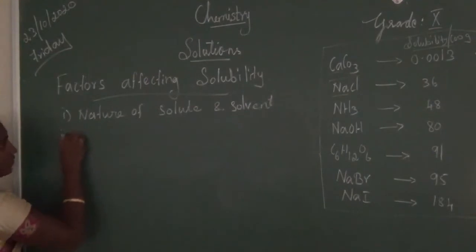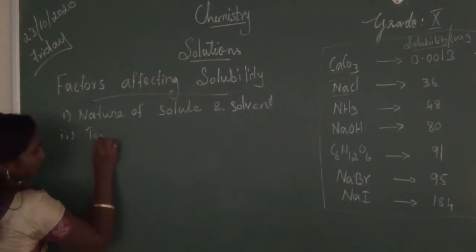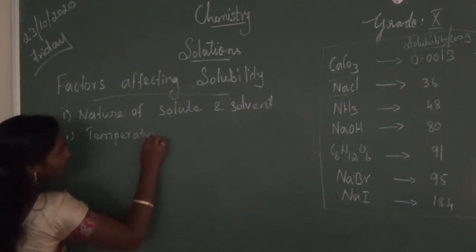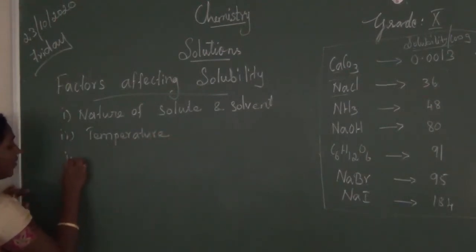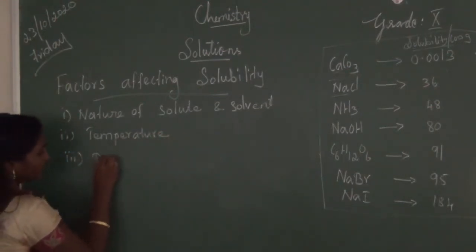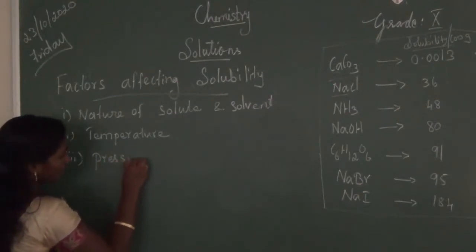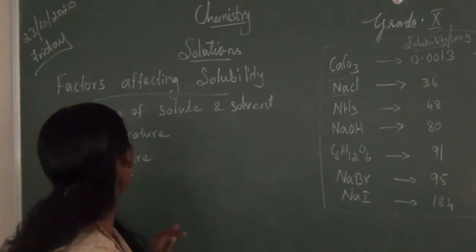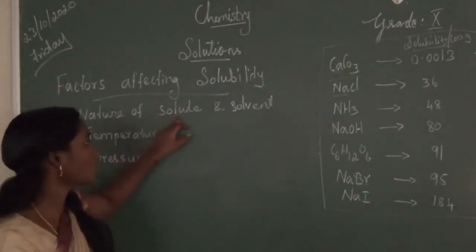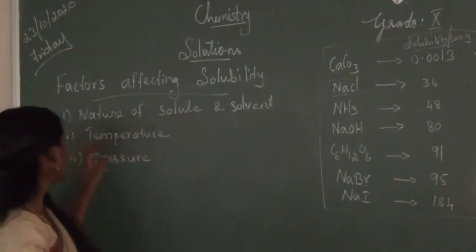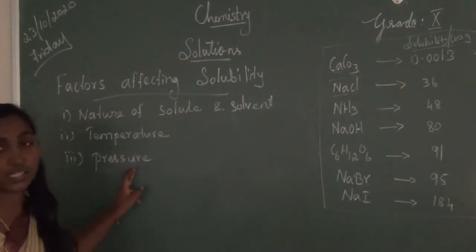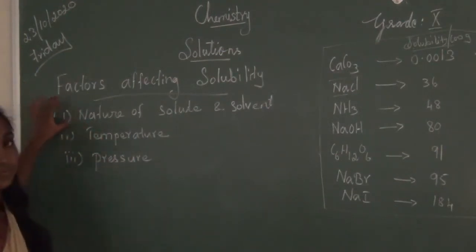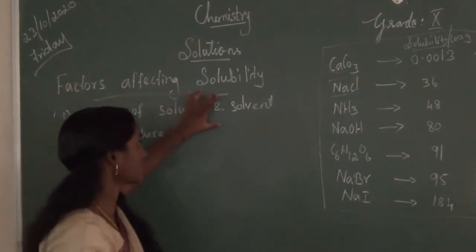Second factor, temperature. Third factor, pressure. So what are the factors that affect the solubility? Nature of solute and solvent, temperature, pressure. Okay, first we are going to discuss the first term, nature of solute and solvent.